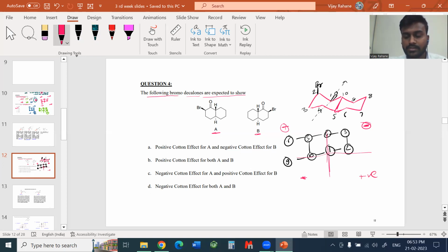So these all lie in the positive quadrant, but this one is on the leg side. So we need to interchange.